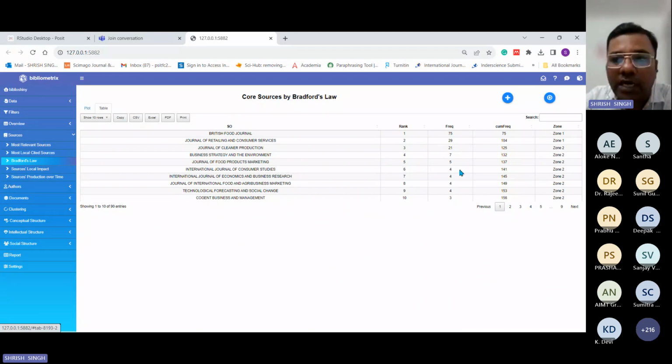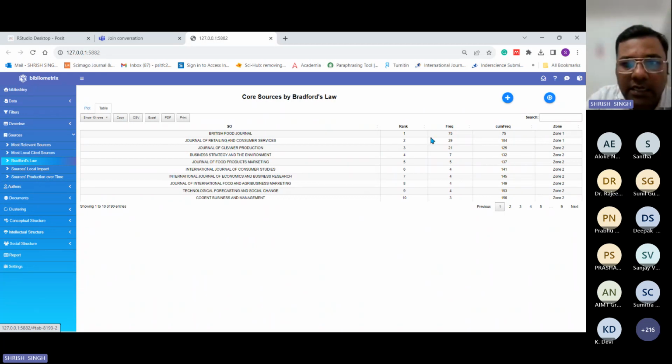If someone is from an operations background, they must have studied ABC analysis. What is ABC analysis? We classify the inventories into A category, B category or C category, right? A category means the top 15% of inventories which give 80% or 70% of the sales.